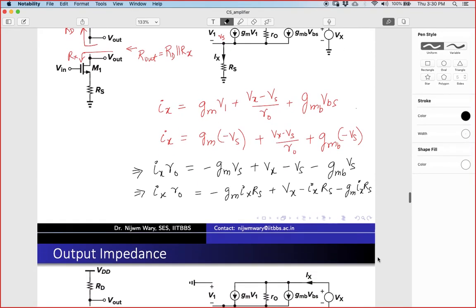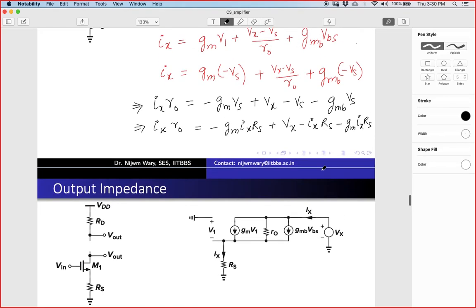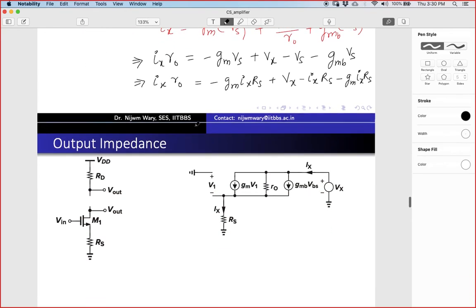If I continue and take Ix common, bringing all the terms with Ix, what I'll have is Ix times Rho plus Rs plus Gm Rs plus Gmb Rs equal to Vx, right?